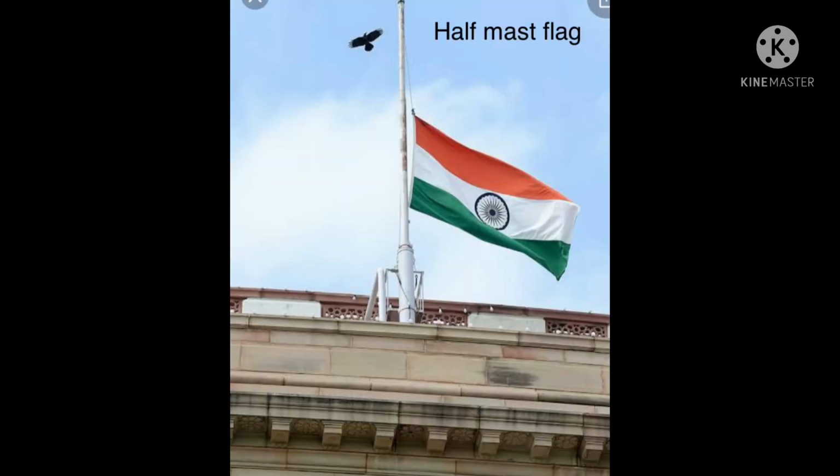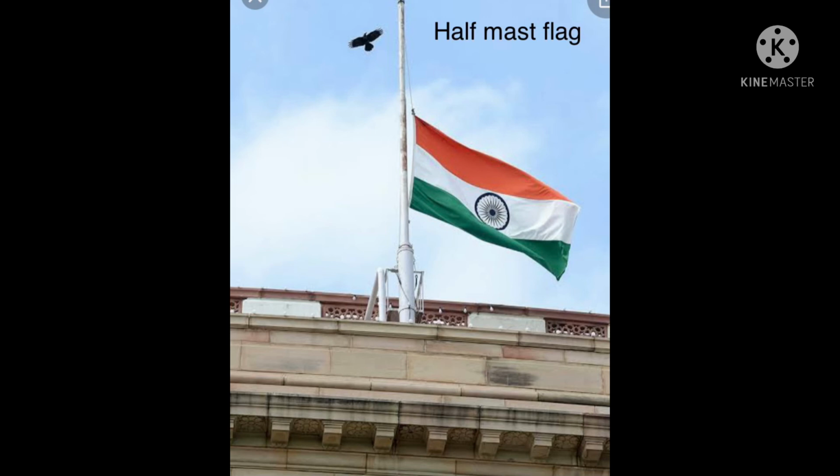One is peace. It shows that there is no war with any country, and the other thing it shows is surrender. When one country surrenders to the other country, then they put up a white flag.